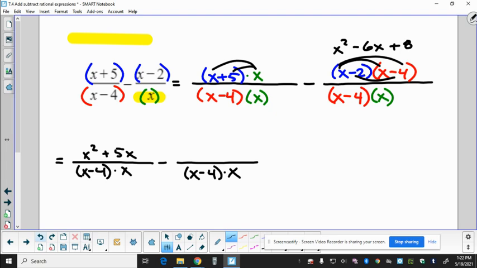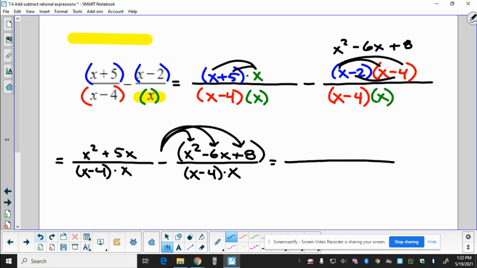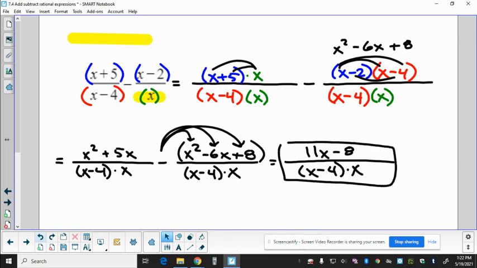And then keep in mind, that minus sign is going to distribute all the way through there. So our final answer is going to be x squared minus x squared. So those cancel out. 5x plus 6x would be 11x minus 8 over x minus 4 times x. And there we go.